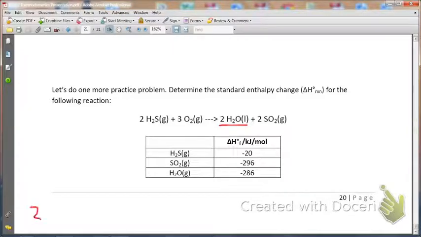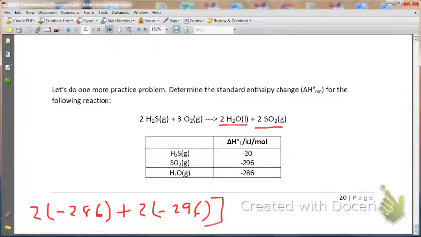So I have 2 moles of water with negative 286 heat of formation values. Add that value to our SO2, which is 2 moles at negative 296. So there's our heat of formation values for our products.